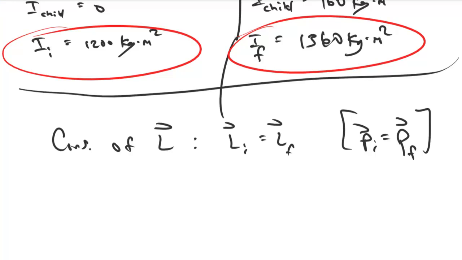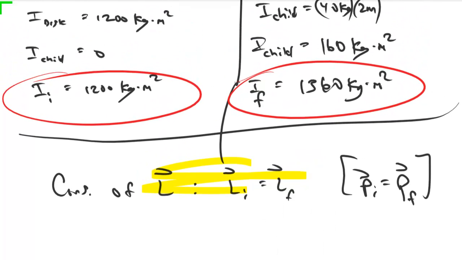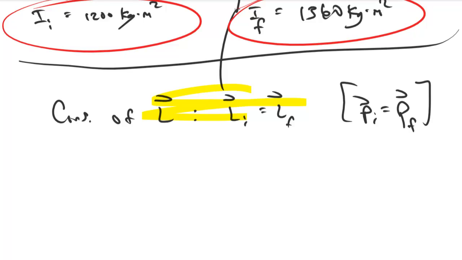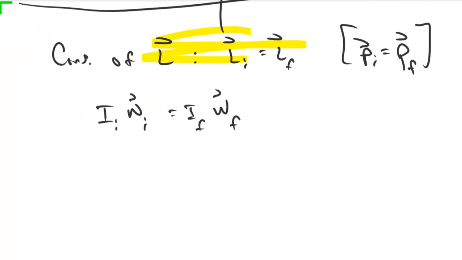We do the same thing with angular momentum here, and it's kind of easier because we just have the same velocity for both of these. So this is more straightforward actually than the linear momentum stuff. Writing this out, I initial omega initial is equal to I final omega final. And so we can say omega final is going to be equal to I initial over I final times omega initial.